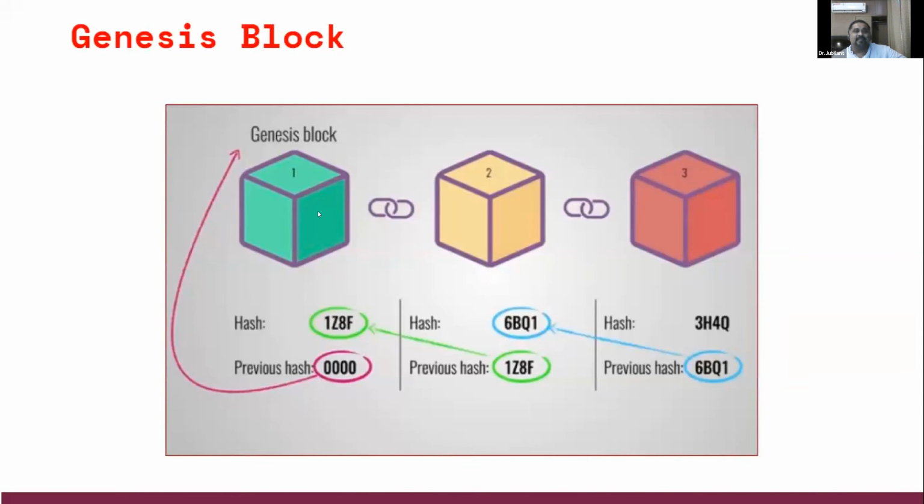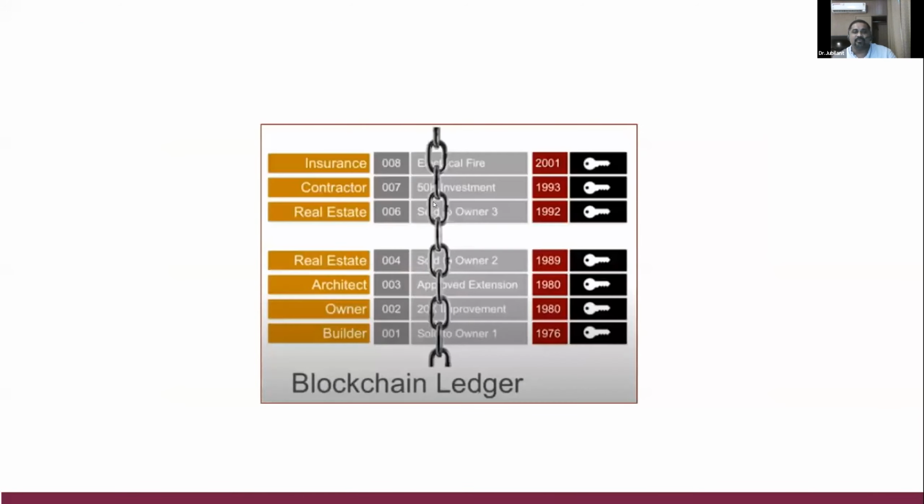Similarly, there is a first block known as the Genesis block, which has a hash value, and it is interconnected with the next transactions, each connected with the other, as blocks interconnected to each other, and we get a chain of blocks. Right? That's how blockchain gets its name.